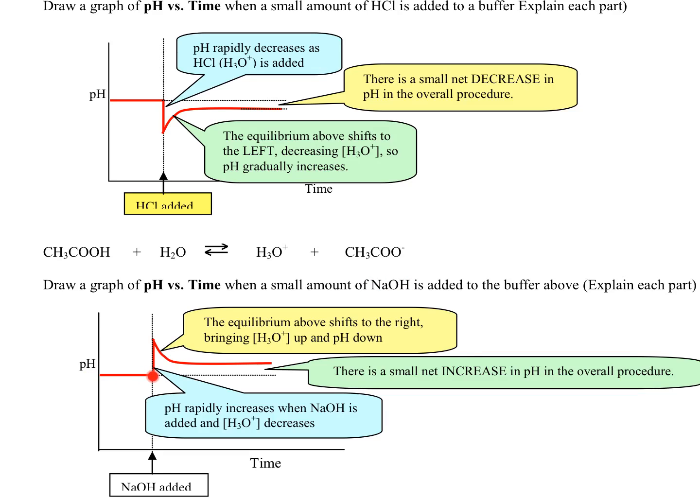So my pH is constant until I add a base, and logically we see a rapid jump in the pH towards the basic side. However, because we make buffers out of weak acids and bases, in this case a weak acetic acid, my shift is able to bring this back down.